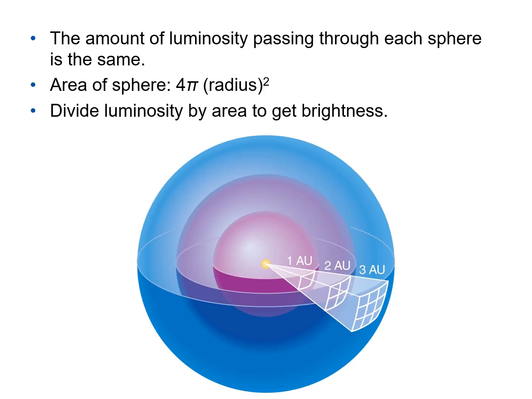Let's think about why apparent brightness diminishes with distance. If you think about this star in the center, it could be the Sun or really any star, it's putting out luminosity. It's putting out a certain amount of power going in all directions. So if you imagine that energy that's going out in all directions, making a sphere, an ever-increasing bubble that's moving outward at the speed of light.